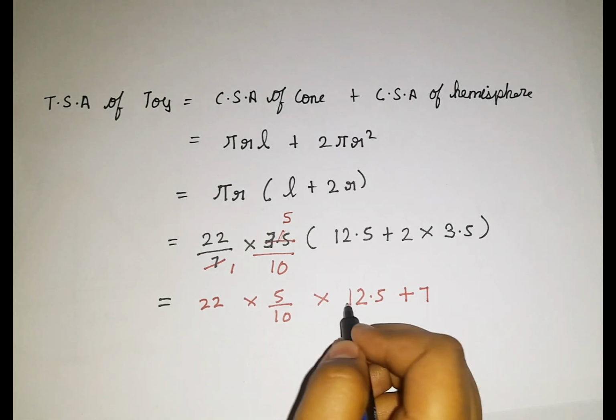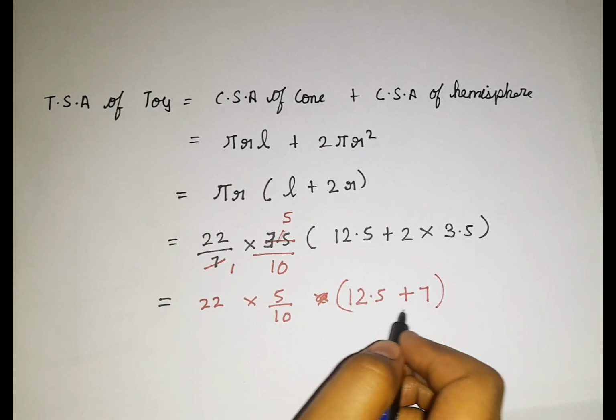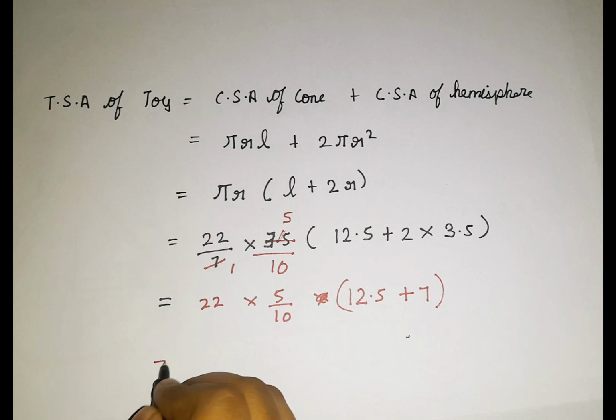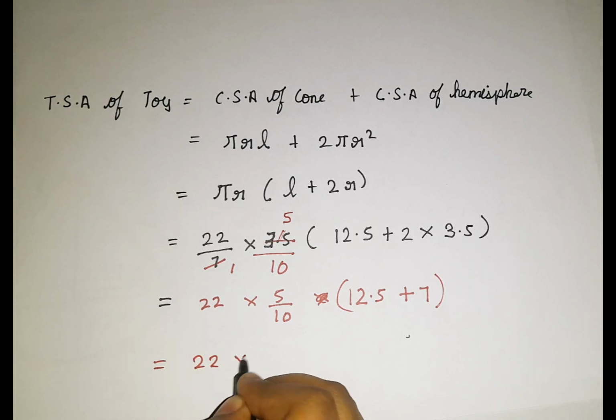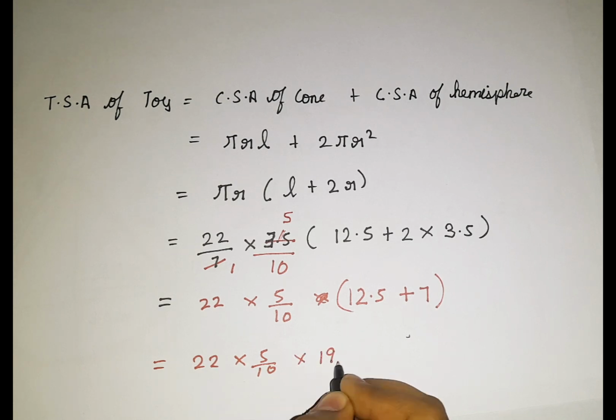It will be much better when I put it in bracket. So when I add this, I'll get 19.5. Alright guys, so I'll get 19.5.